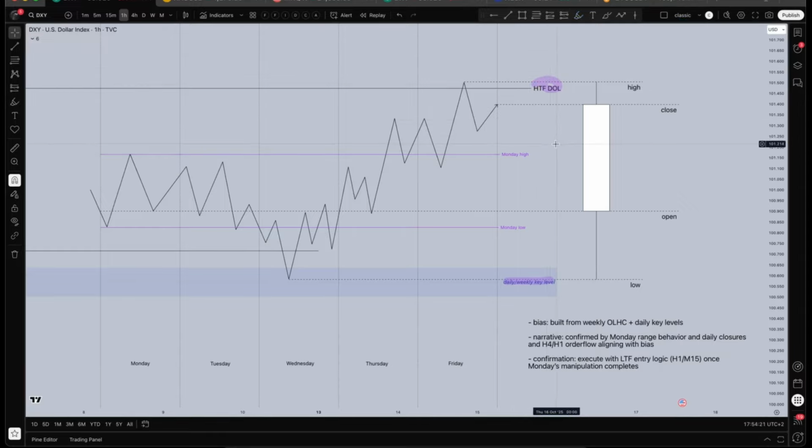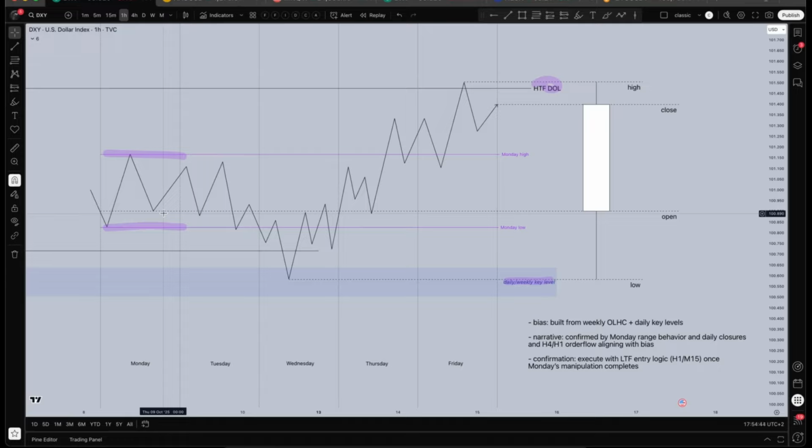Now, the most important thing when it comes to this model is you have to wait for the Monday daily candle to play out. So you let a Monday daily candle close, and this will define the Monday range. And the Monday range is going to be the most important element to confirm the weekly narrative going into Tuesday, Wednesday, and the rest of the week.